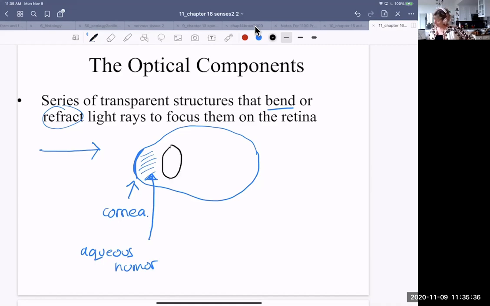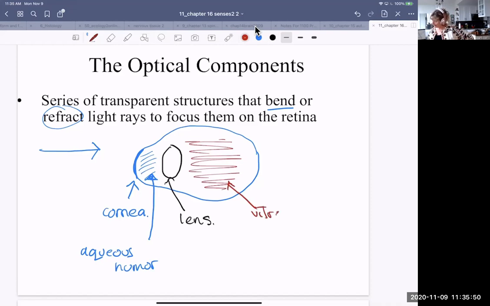So there's the lens. And then back here, there's also some gel type of liquid. It's more viscous than aqueous humor, and it's called vitreous humor. Not unlike haha kind of humor. It's just a substance.